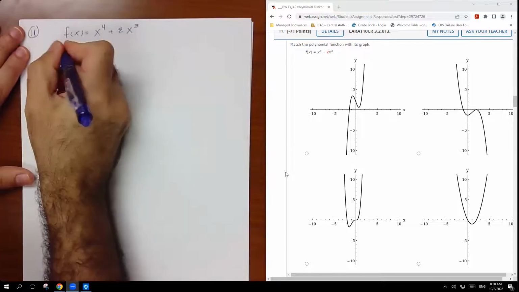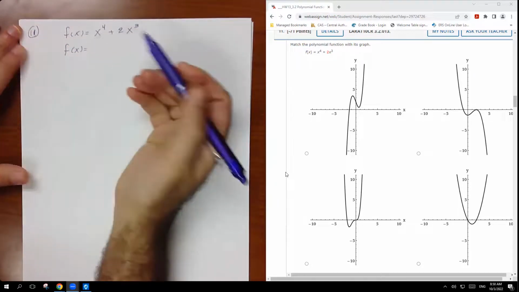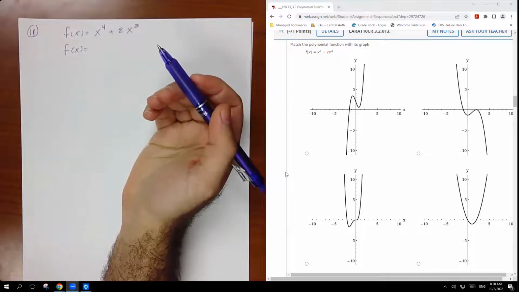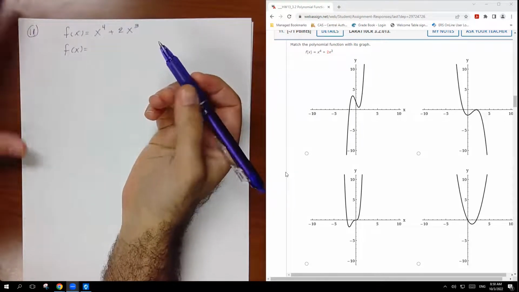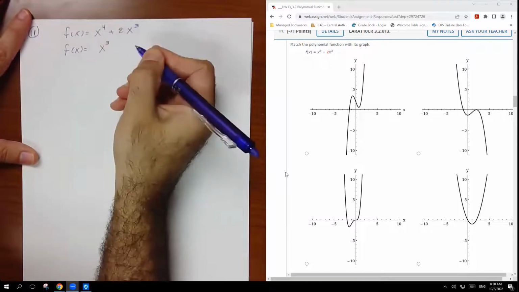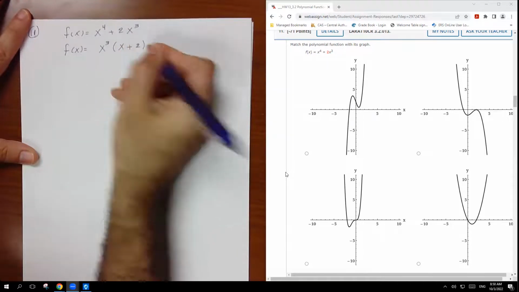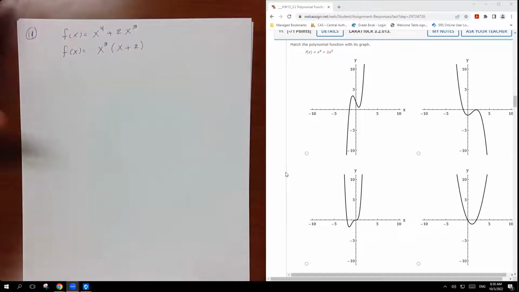So I'm going to say f of x is going to be equal. How are we going to factor this one? Always use the same step one, find the GCF. The GCF is x cubed. Then what's left is x plus 2. I'm done. This is the first step, we factored the polynomial.